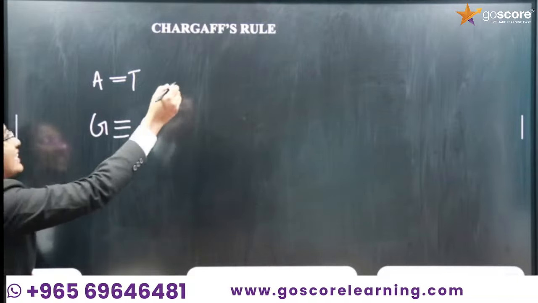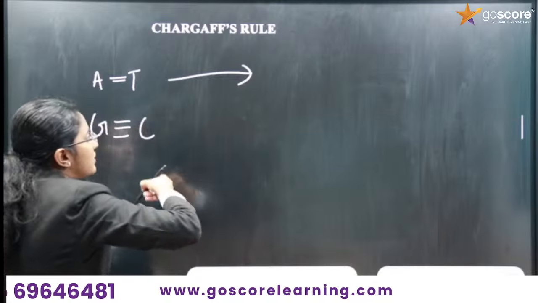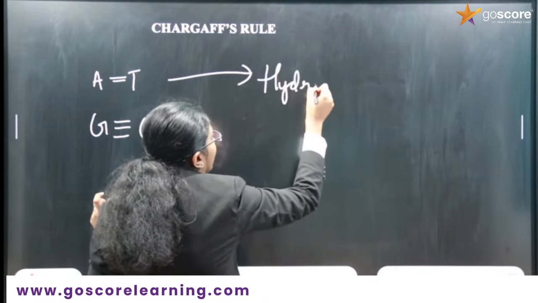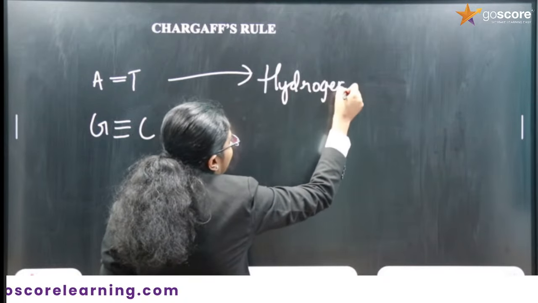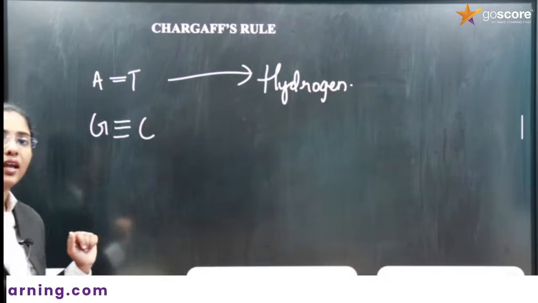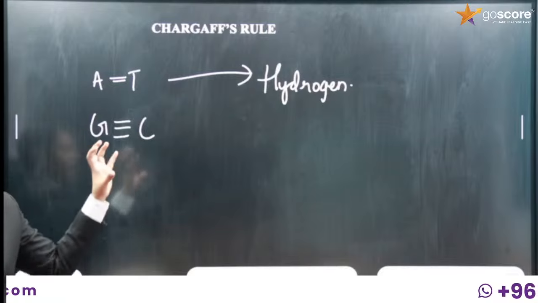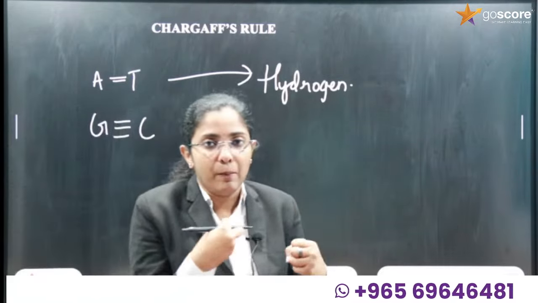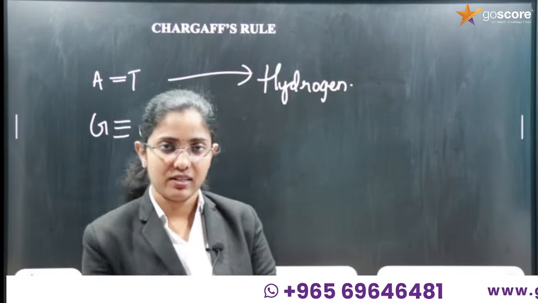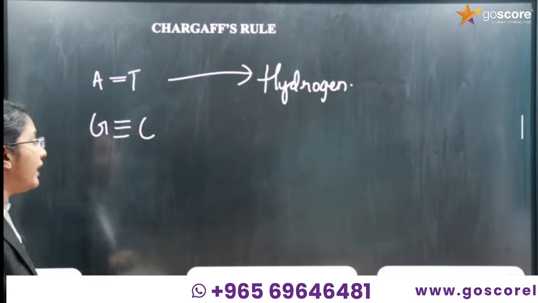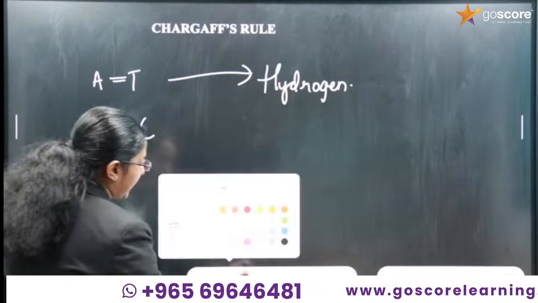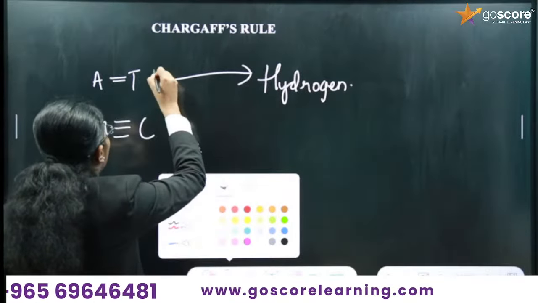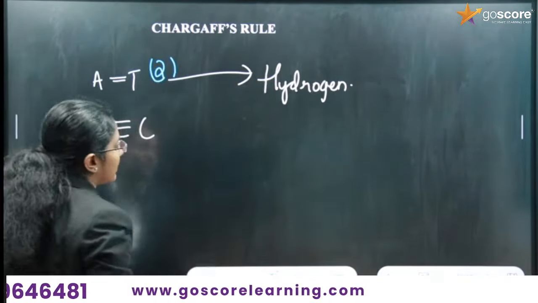Also, which bond is present here? Hydrogen bond. Hydrogen bond is present here. So in between adenine and thymine, which bond is holding them together? It is a hydrogen bond. If you are considering adenine and thymine, how many hydrogen bonds are present? Two hydrogen bonds are present.